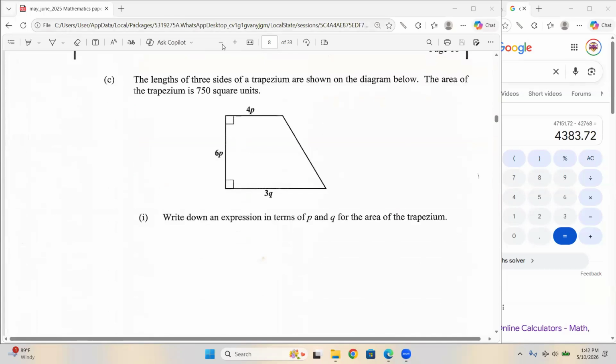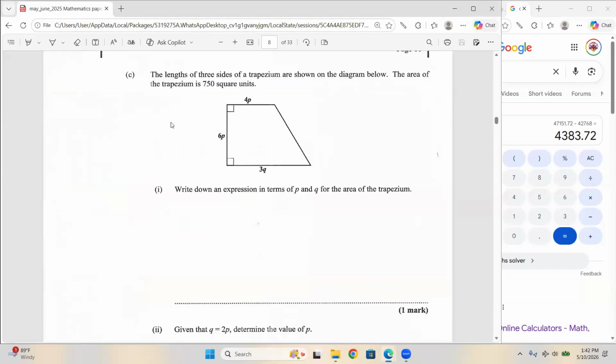All right. It says here the lengths of 3 sides of a trapezium are shown on the diagram below. The area of the trapezium is 750 square units. Write down an expression in terms of P and Q for the area of the trapezium.